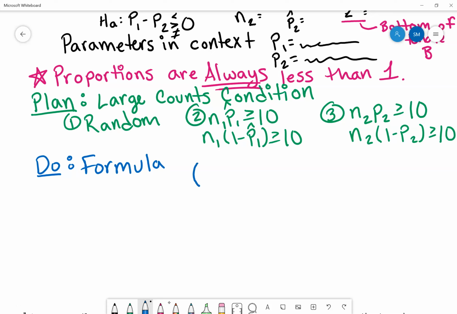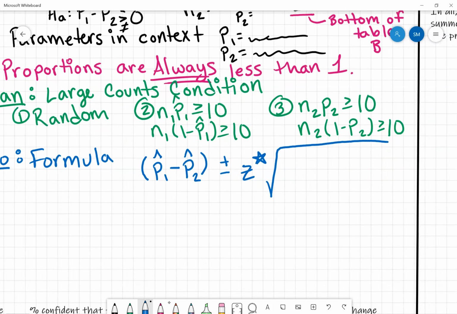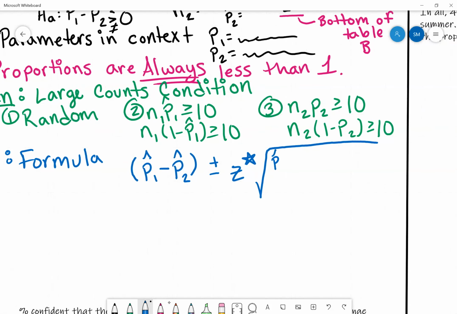So you have to do parentheses, p hat sub 1 minus p hat sub 2, plus and then minus, or minus and then plus, doesn't matter, Z star times the square root of p hat sub 1 times 1 minus p hat sub 1 divided by n sub 1 plus p hat sub 2 times 1 minus p hat sub 2 divided by n sub 2.